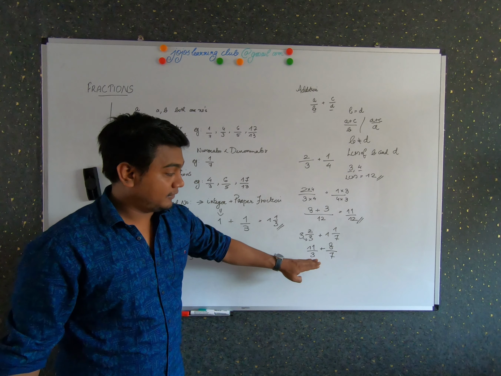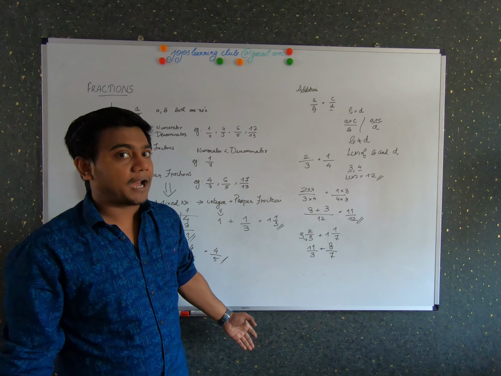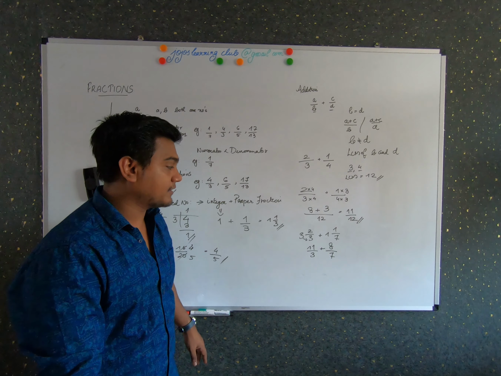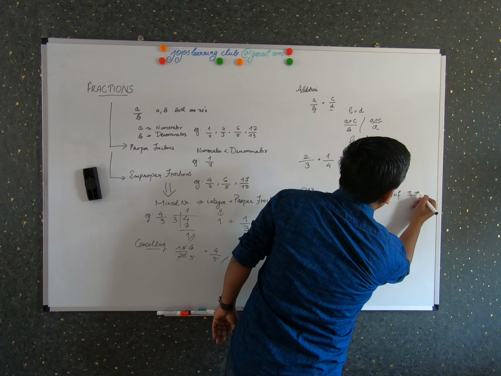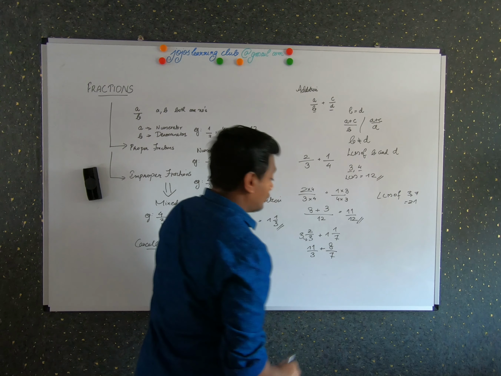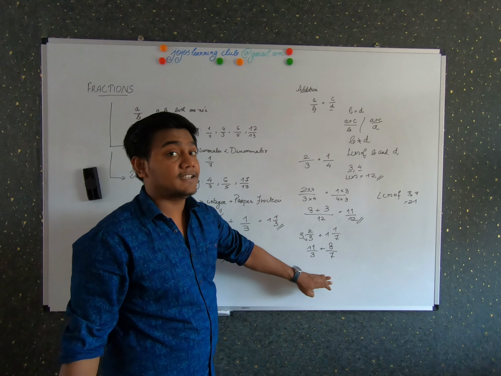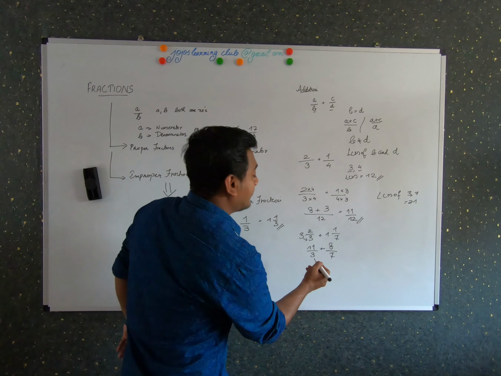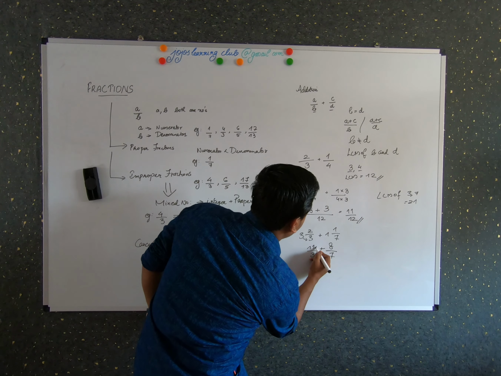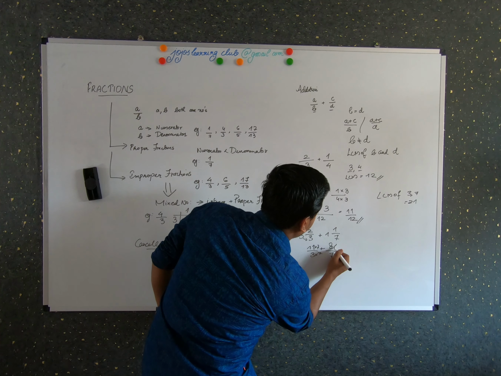So we know that 3 and 7 both are prime numbers and they don't have any common factors. So while taking the LCM of 3 and 7, you get 21 as the answer. So what you have to do, you have to multiply these numbers in such a way that the denominators are of the same value. Let's do it. 3 times 7, here also 7, here also 3 and here 3.